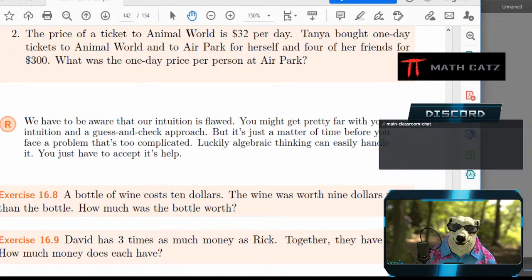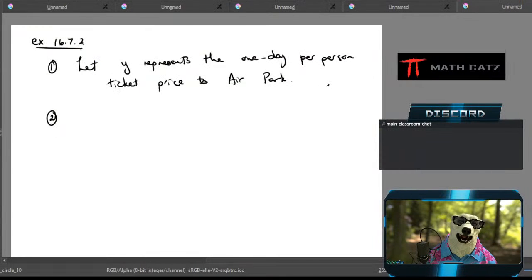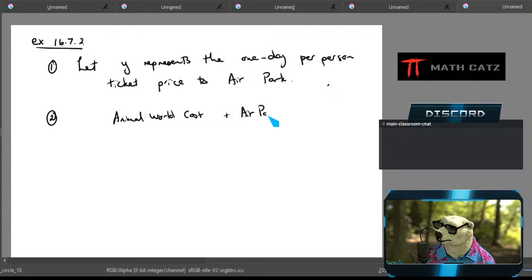Okay, so let me get rid of this. So I'm going to make a plan, and my plan is, let's say here, Animal World cost plus Air Park cost will equal the total. Nice logic there. Not nice writing, but still.